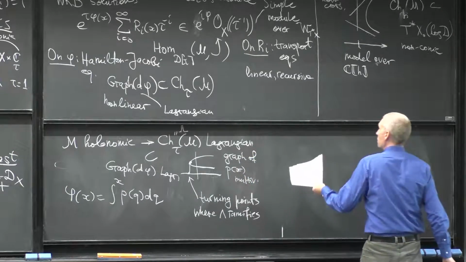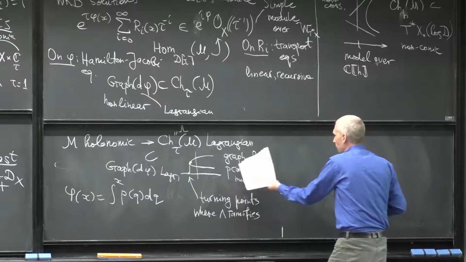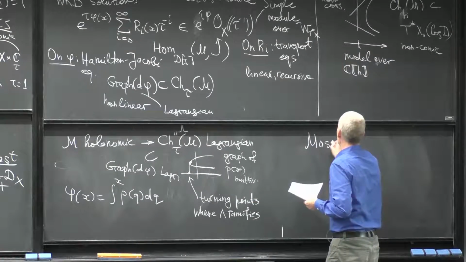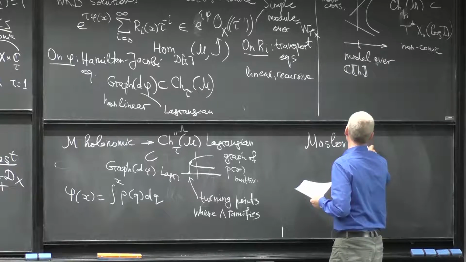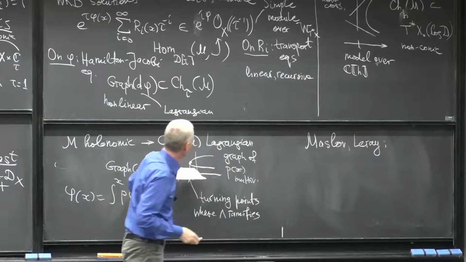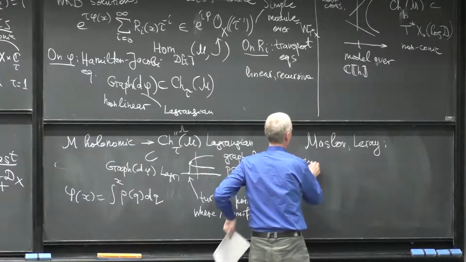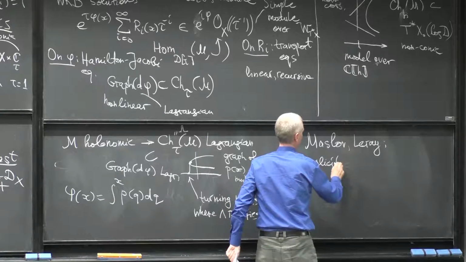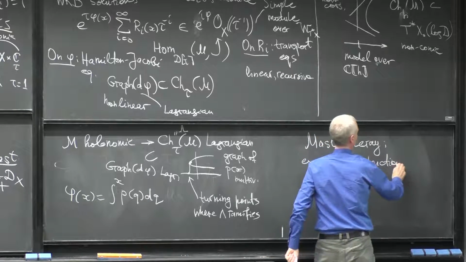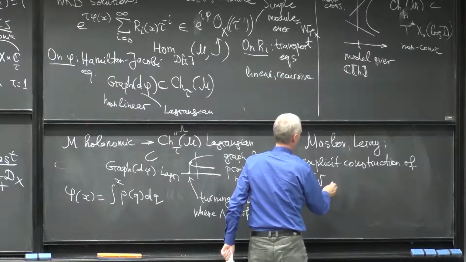And again, from the deformation quantization point of view, like looking earlier, we can say that the works of Maslov and Leray extend, so they construct an explicit module over this ring, an explicit construction of a W module.